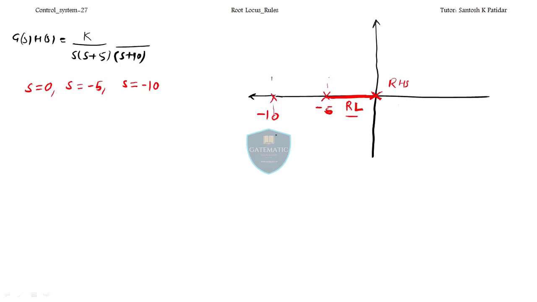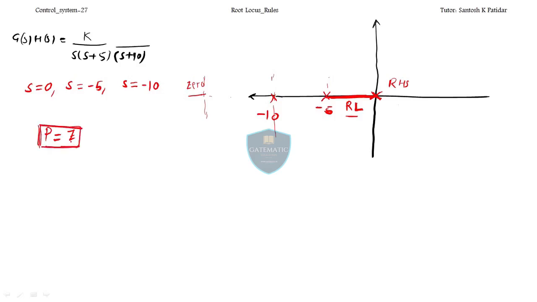Now I'll come over here. I'm getting 2 points, so this is an even number. I'll not get any RL branch over there. Then I'll go to infinity. Why am I going to infinity? Because at infinity I have zeros. Though over here zeros are not given, we discussed that for the root locus, the number of poles should be equal to the number of zeros.